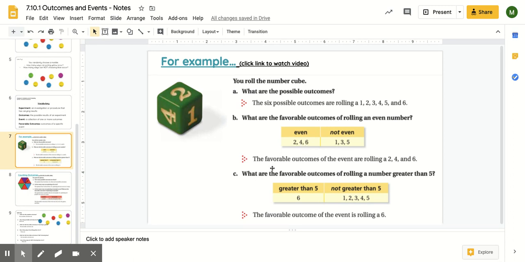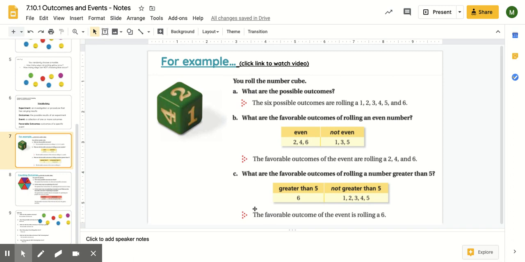So you would state in response to this question, the favorable outcomes of the event are rolling a 2, 4, and 6. Those are the results we want for this specific event.